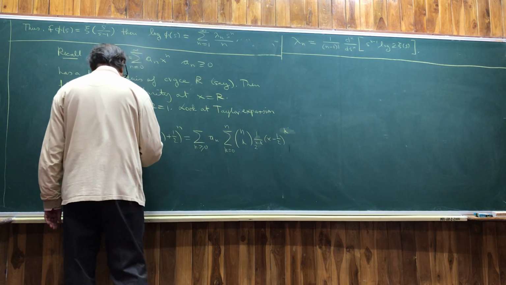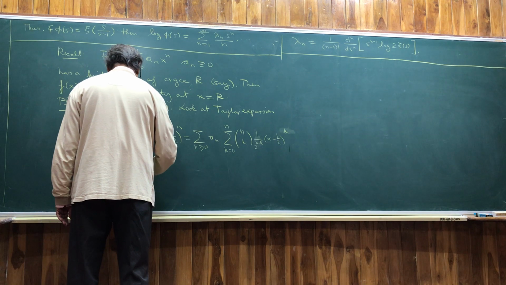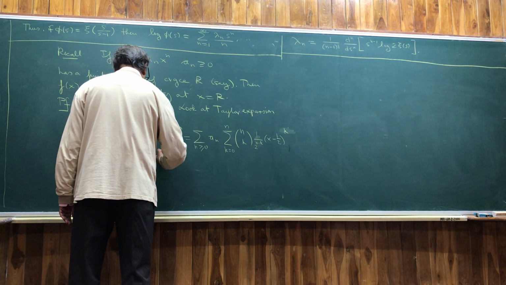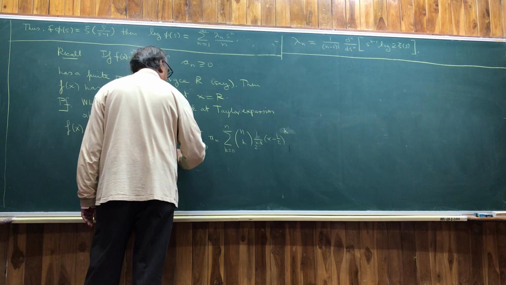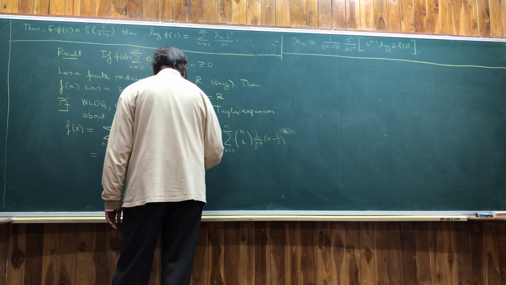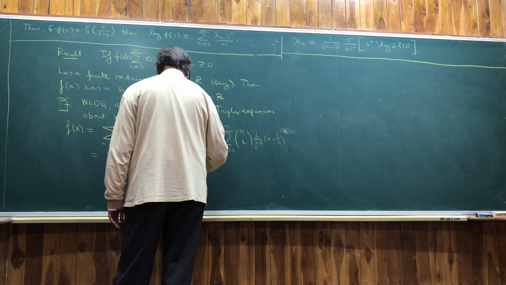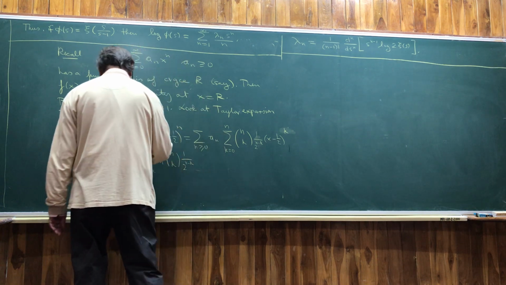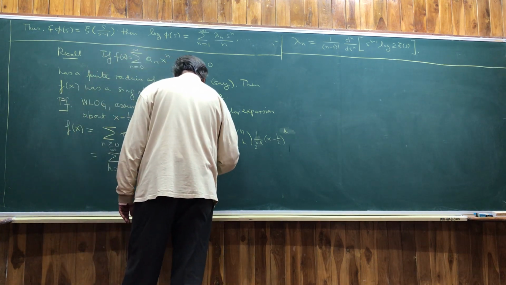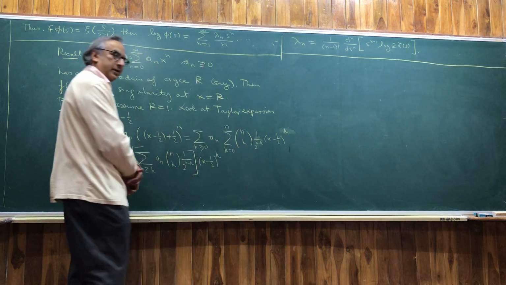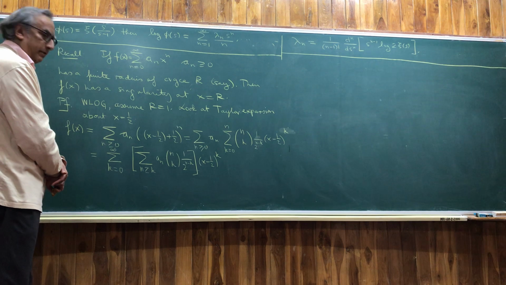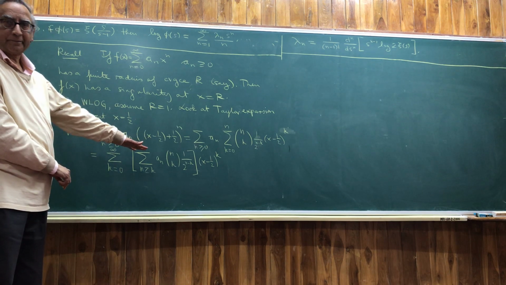Summation over n at least k, a sub n, n choose k, 1 over 2 to the n minus k, and all this times x minus a half to the k. This is the power series expansion about x equals a half.